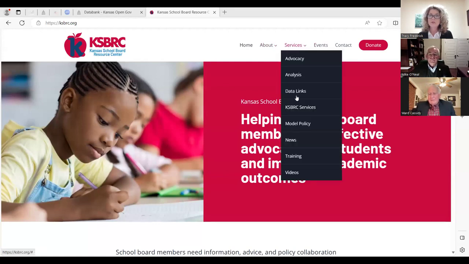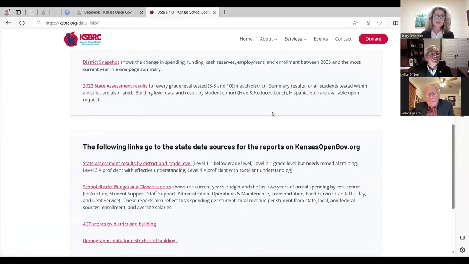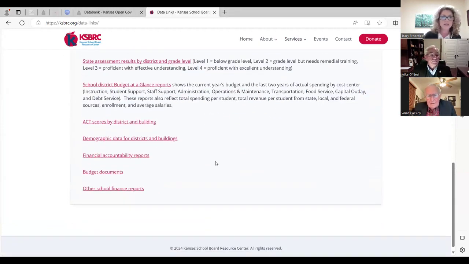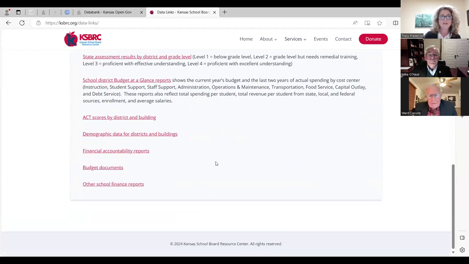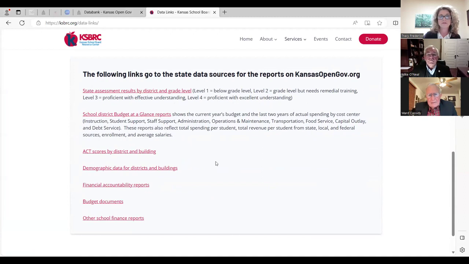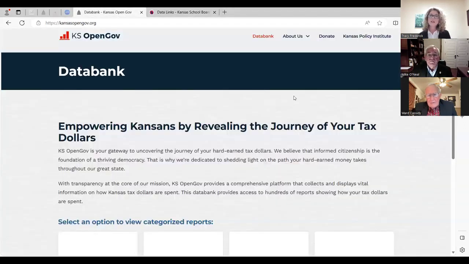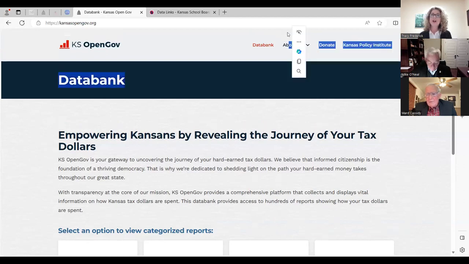Okay, that's not the OpenGov site. No, but the data links should allow us to go to it. I think at the bottom of it. Just one moment. Does that work? Yeah. Okay, that's the place. I had it called up all the time, I just didn't see the tab.